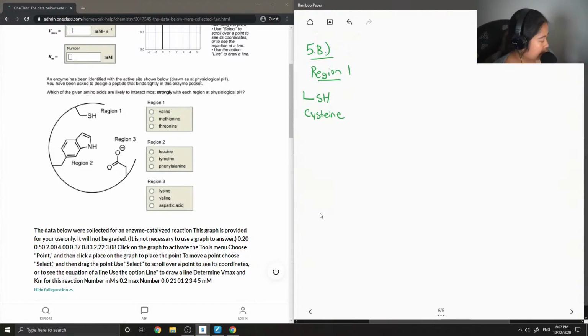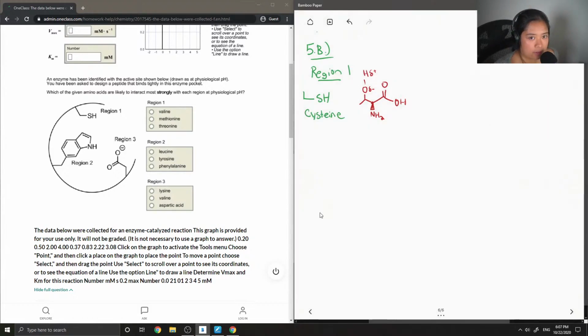So let me draw out the structure of threonine, and I'll explain why once I finish writing it down. So you'll see it contains an alcohol group there.